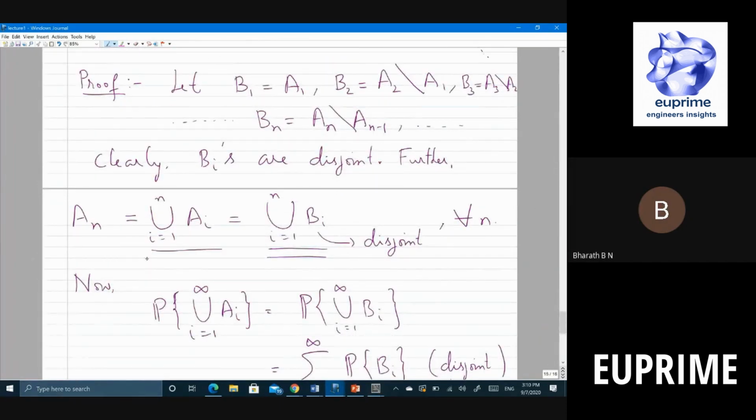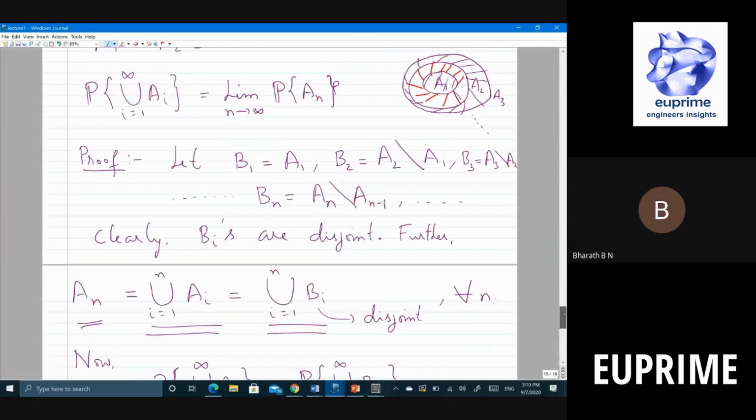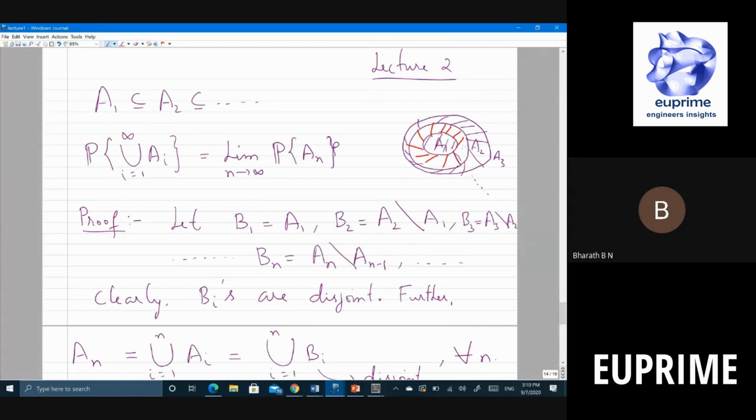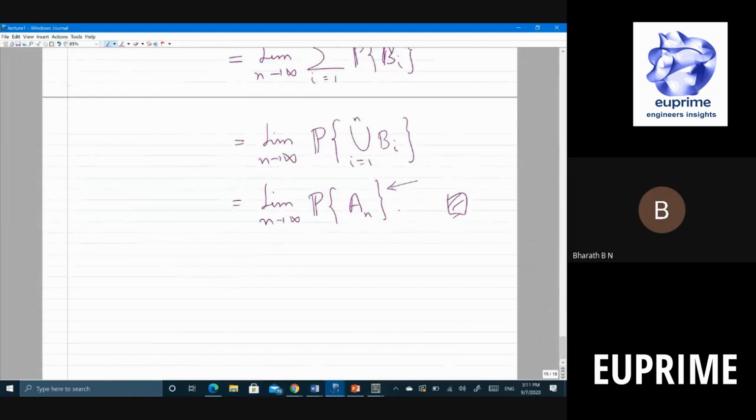Which is the union of A_i, which is nothing but An, right? Because just remember the picture. A1 is here, A2 is here, A1 union A2 is nothing but A2, right? A1 union A2 union A3 is A3, right? So that's what we are using here. Okay, sir.